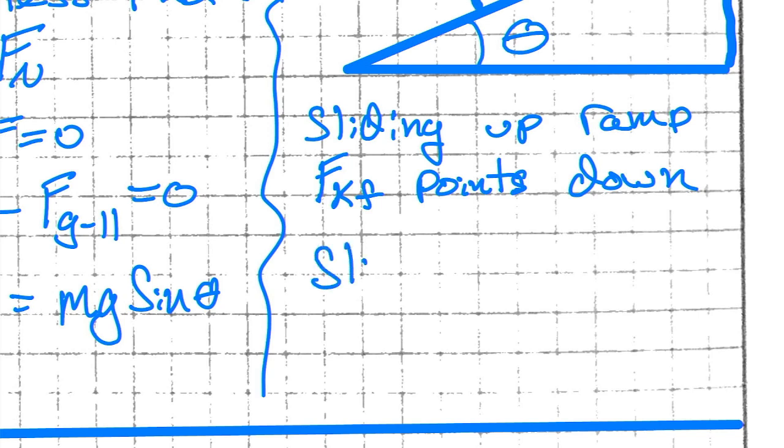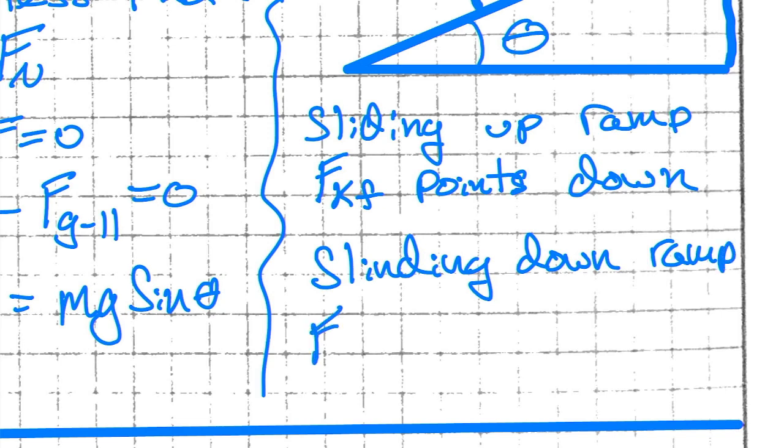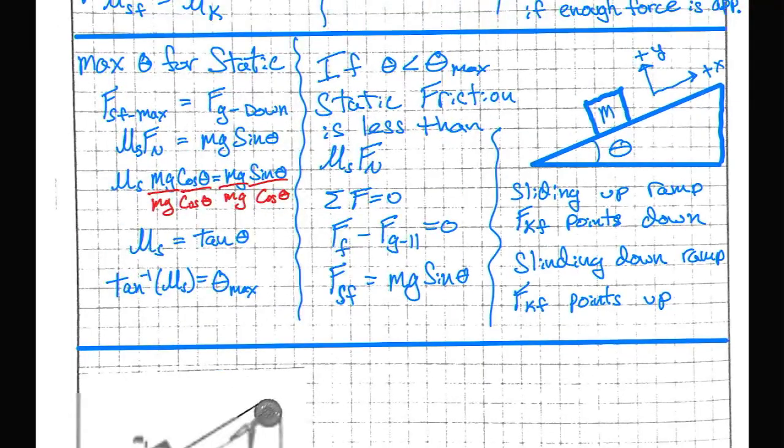And if we are sliding down the ramp, the force of kinetic friction points up. This is the force on the block, right? Force of kinetic friction on the block would point in the opposite direction of motion.